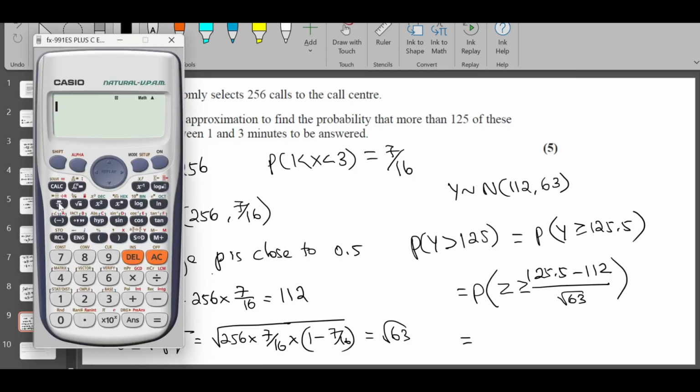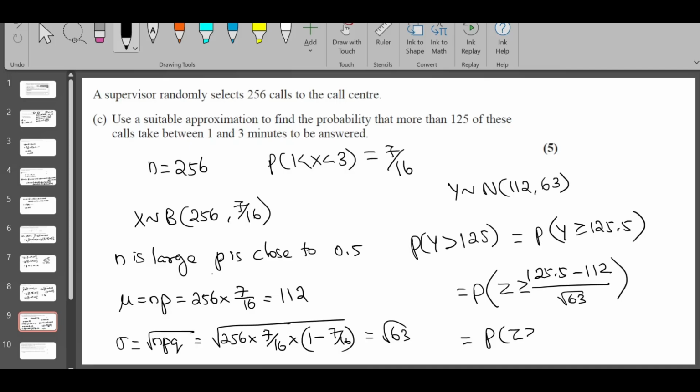So let me calculate it first. 125.5 minus 112 divided by square root of 63, which is, take it as 2 decimal places, P of Z is greater than or equal to 1.70.